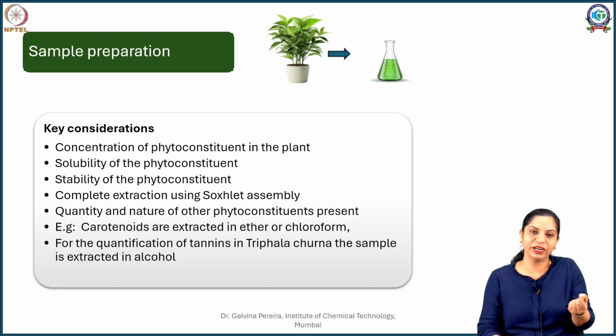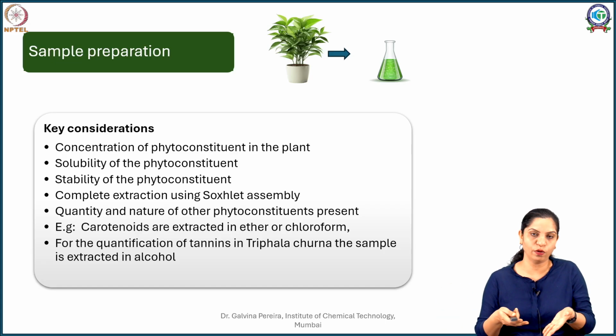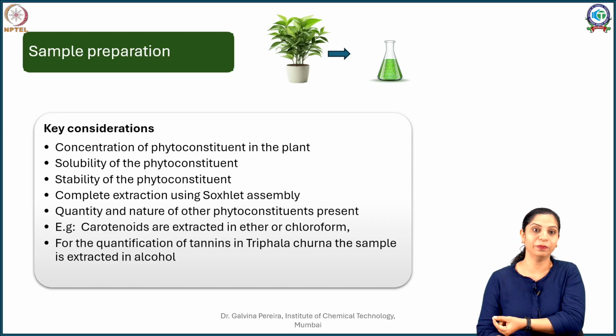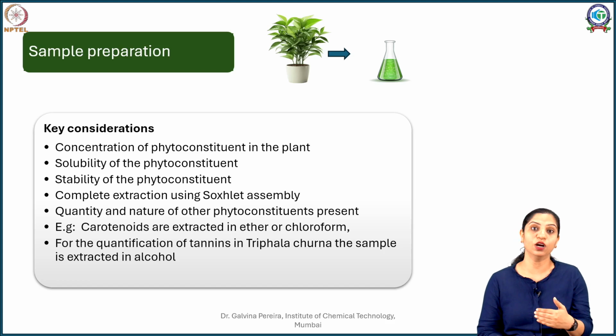But if my 1 mg is there in about a kilo of substance, I'll have to extract a kilo of that formulation, or a liter of that formulation, in order to get 1 mg of my analyte compound in my extract. So you first see the concentration, and depending upon the concentration, you have to take a call how much sample you need to take.